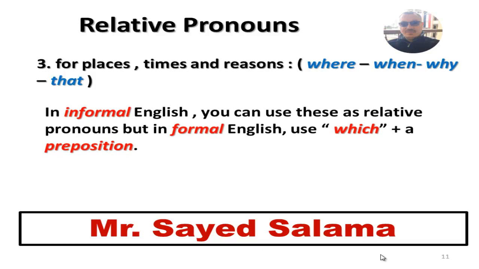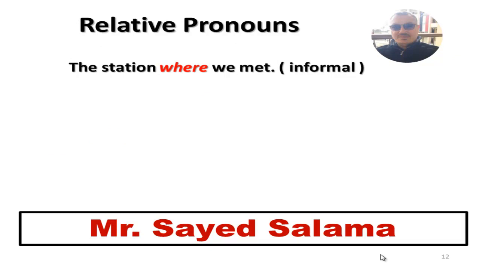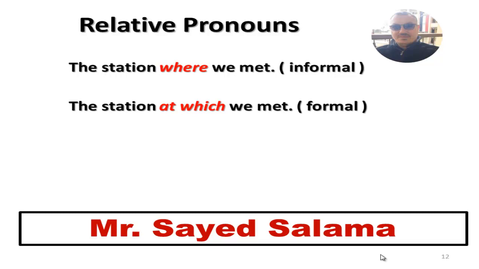In informal English, you can use these as relative pronouns. But in formal English, we use which plus a preposition. For example, the station where we met. This is correct but informal. But you can also say the station at which we met.